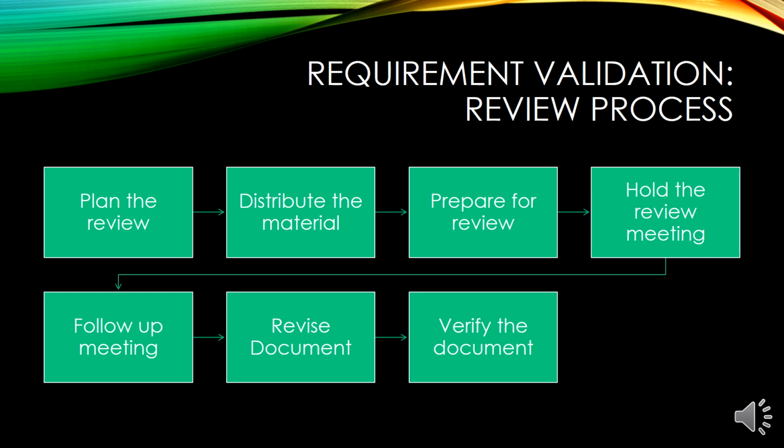From the follow-up meeting, we produce the list of problems and the actions to be done, and then the relevant project development team will look into the problem list and the actions needed, and all the revisions will be done in the next process, which is to revise the document.